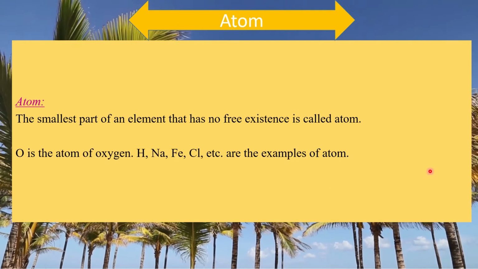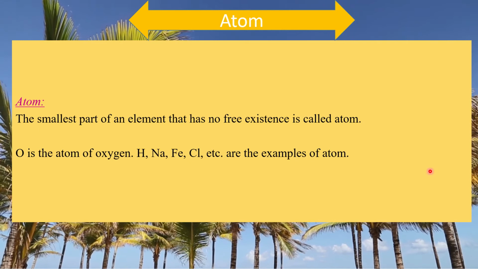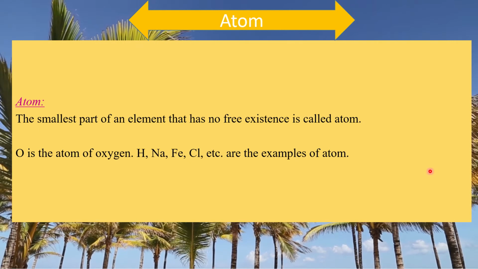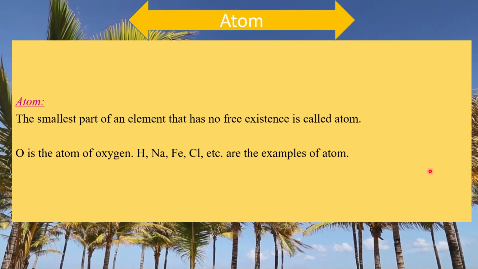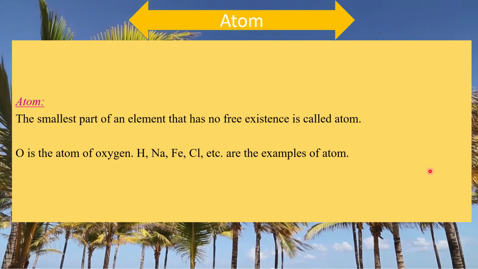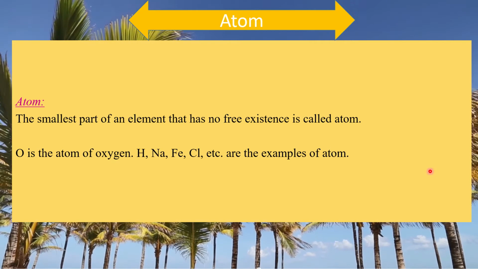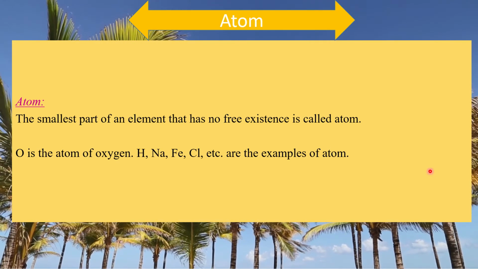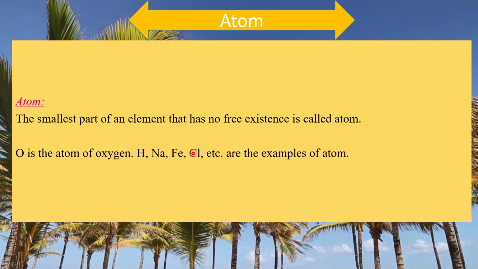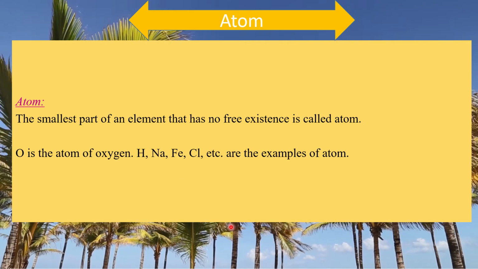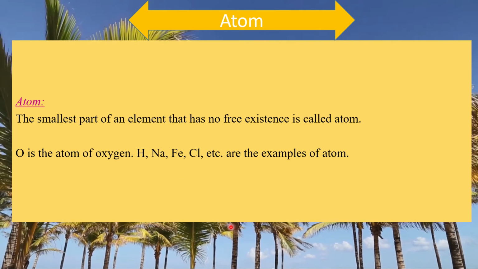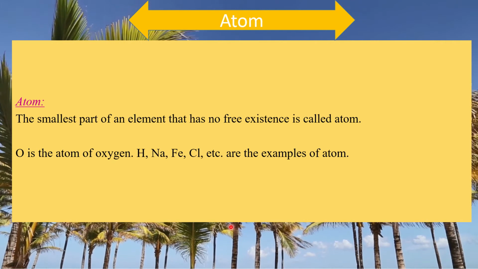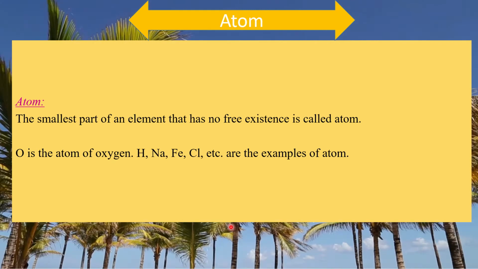For example, O is the atom of oxygen. In this way, H is the atom of hydrogen. Na is the atom of sodium. Fe is the atom of iron. Cl is the atom of chlorine. These are examples of atoms and all these are the smallest part of an element.